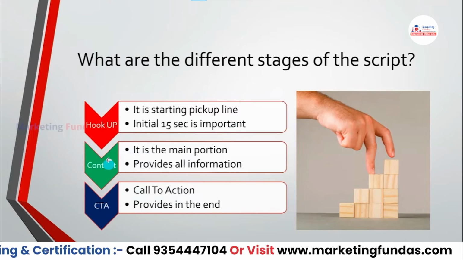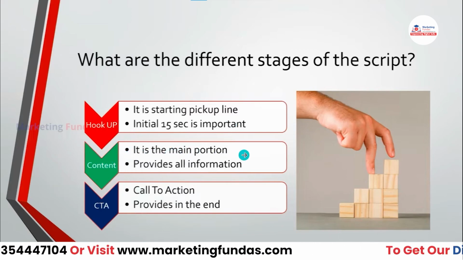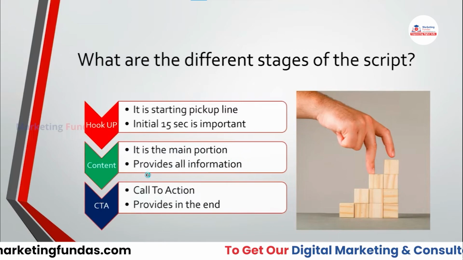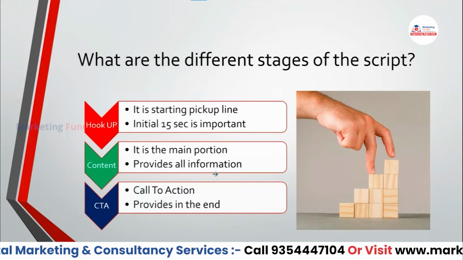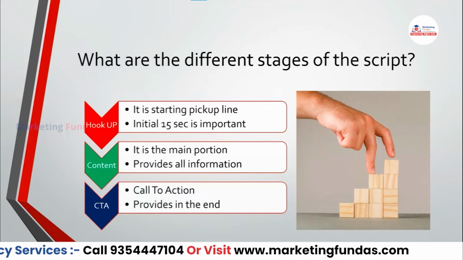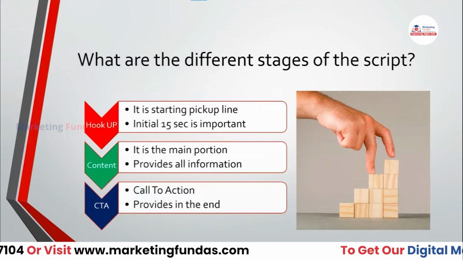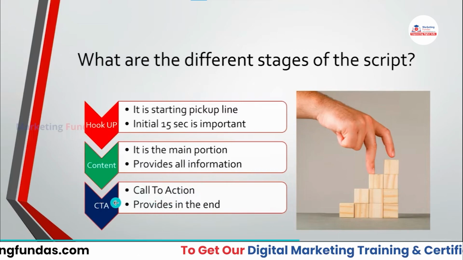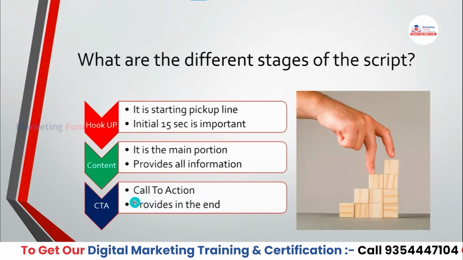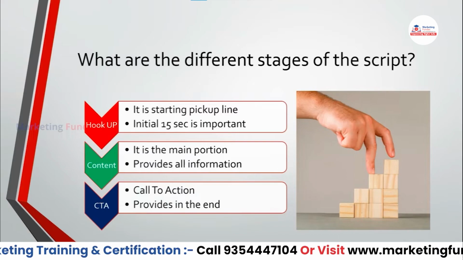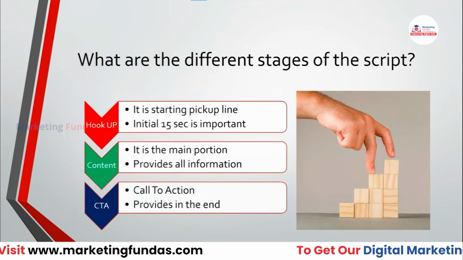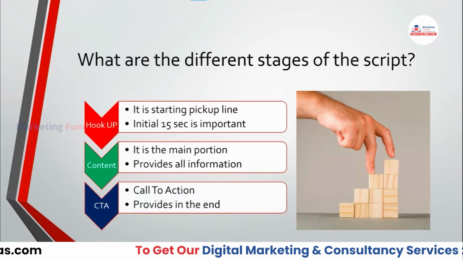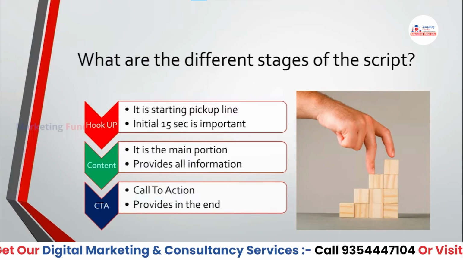Then the second part is content, which is the main portion of your video where you provide the real value, real content, where you provide all the information on the topic you are using in the particular video. At the end, we have the CTA, call to action, where we ask our viewer to do some kind of action, be it hitting the subscribe button, the bell icon, or sharing this video, or maybe watching another video, right?